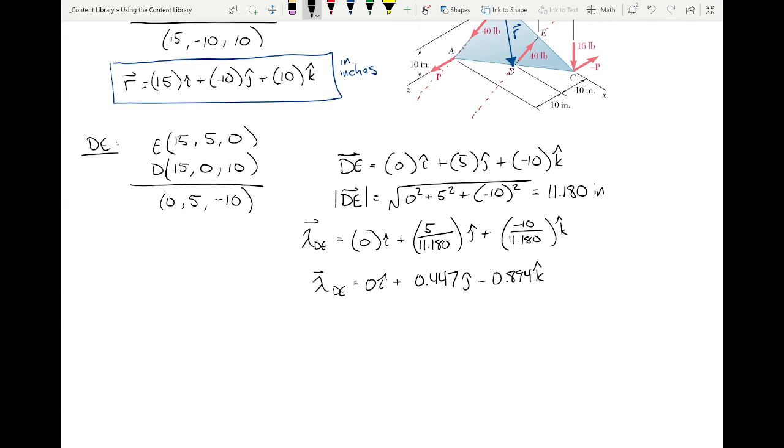So all we have to do now to get our force vector is take lambda and adjust it by the magnitude of that force. So 40 pounds, 0I plus 0.447 J minus 0.894 K. And so F, I think when it's all said and done, you're going to get 0I, and you're probably going to get something like what? 17.889 pounds?